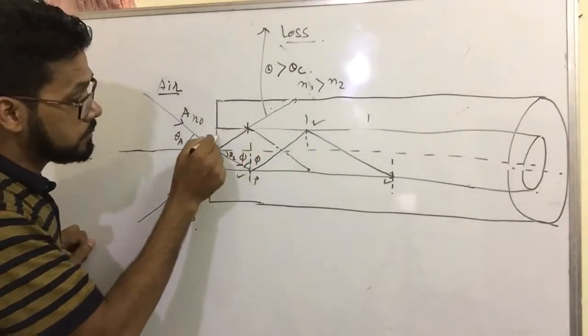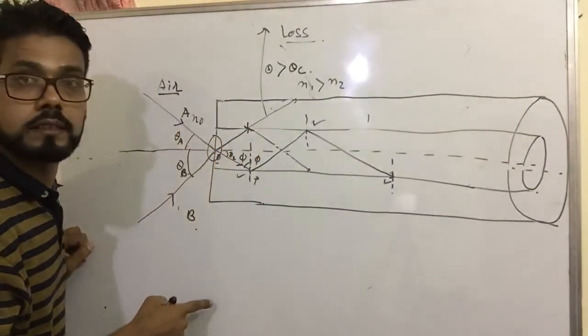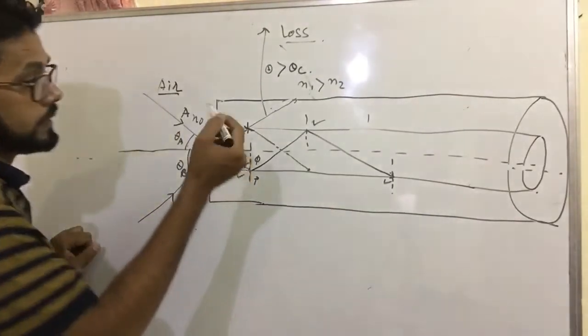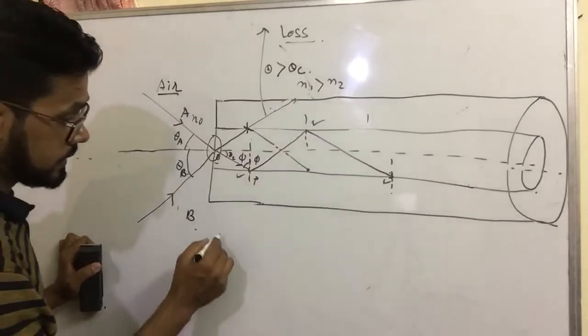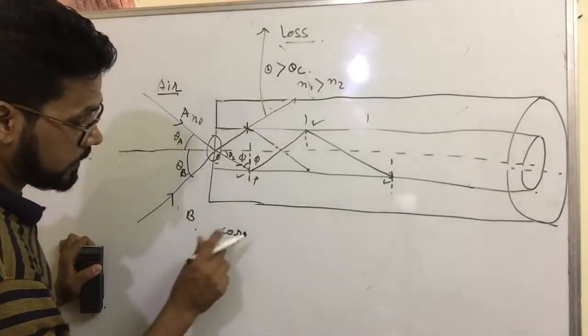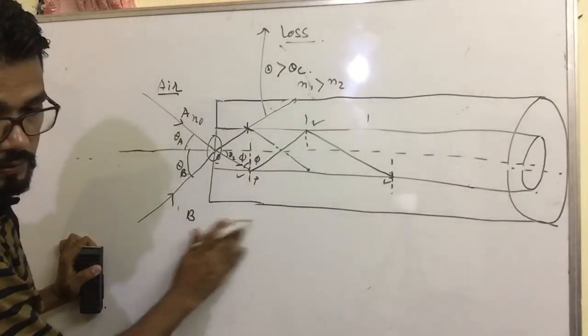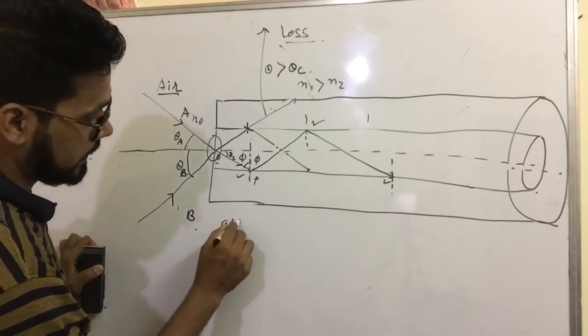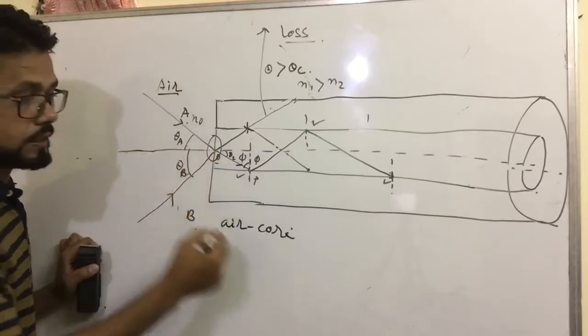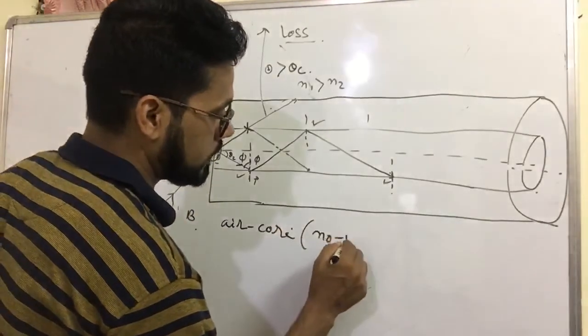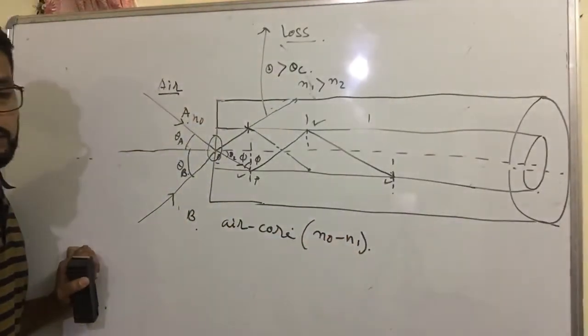Now I am focusing on the interface part. The interface is between air and core. This is air, this is core, with refractive indices N0 and N1. We are doing the calculation.